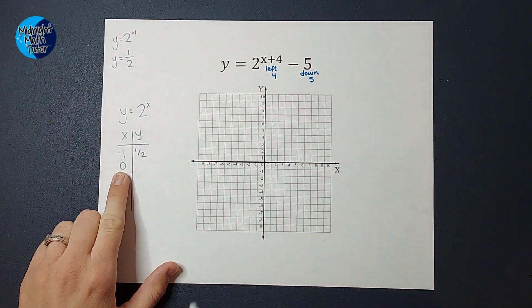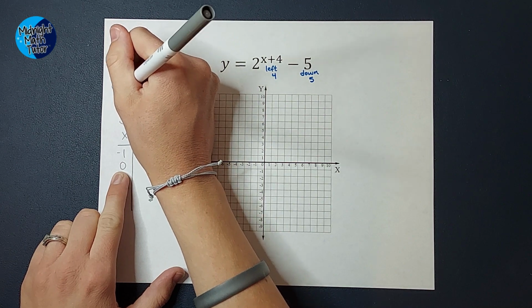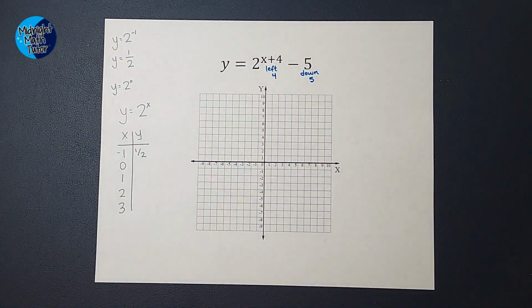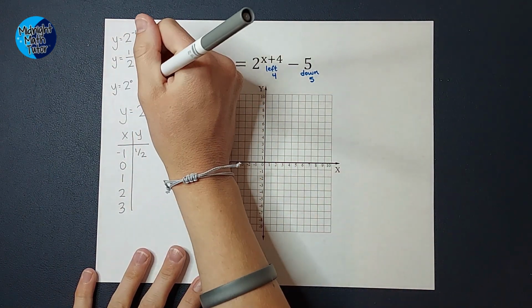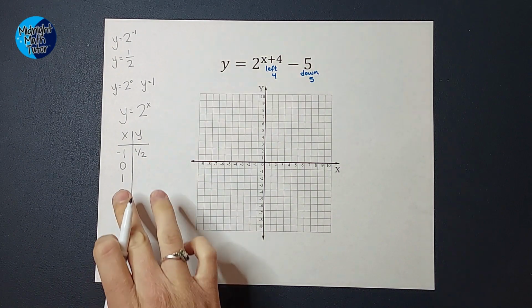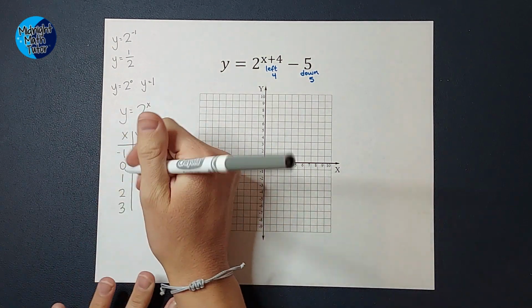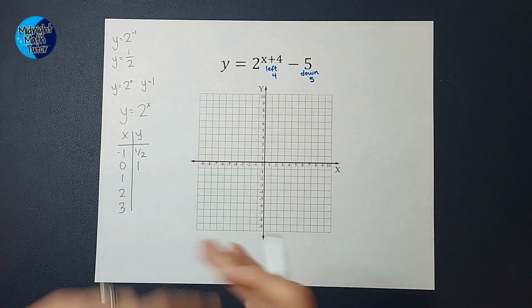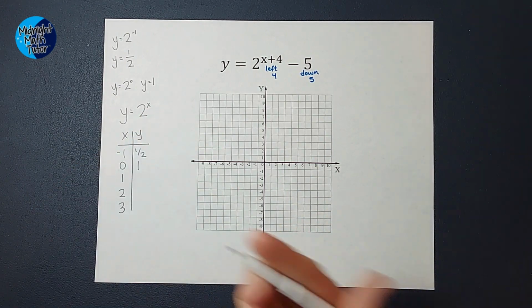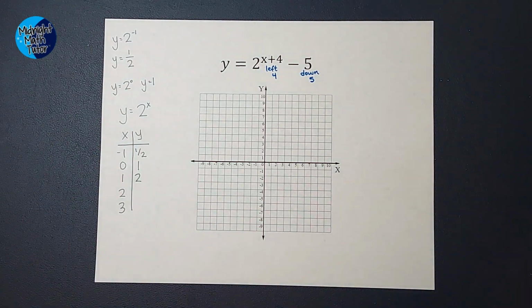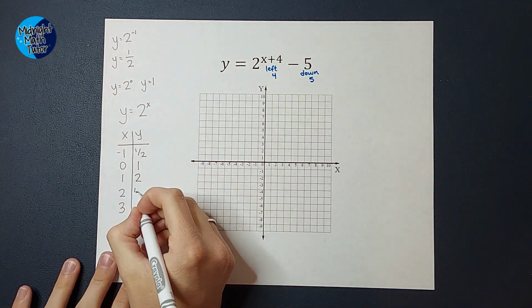I'm going to plug in 0 for x, and I get y equals 2 to the power of 0. Anything to the power of 0 is 1. Right? Again, if you don't believe me, I'll link a video in the corner explaining that, okay? So when x is 0, y is 1. When I plug in 1, I get 2 to the power of 1, which is just 2, right? Okay. When I plug in 2, I get 2 squared, which 2 times 2 is 4, right?